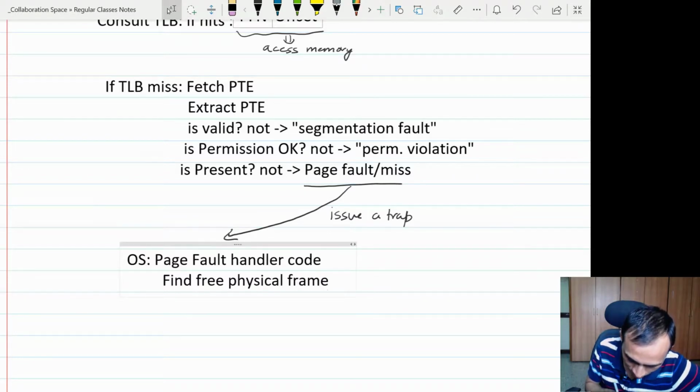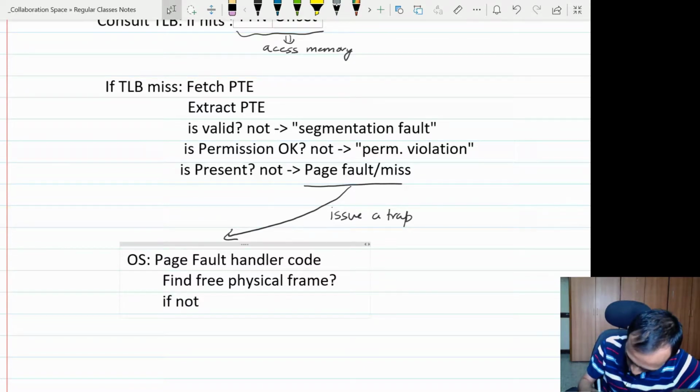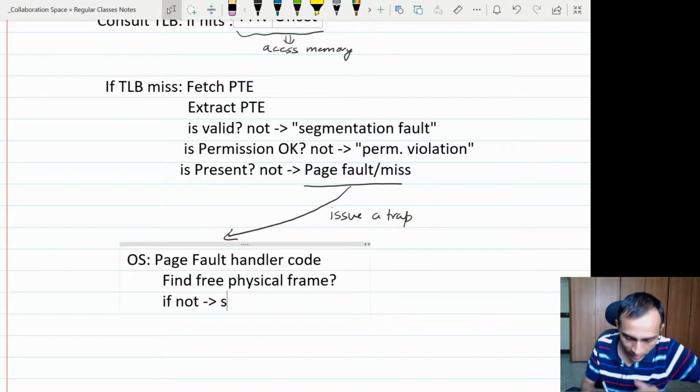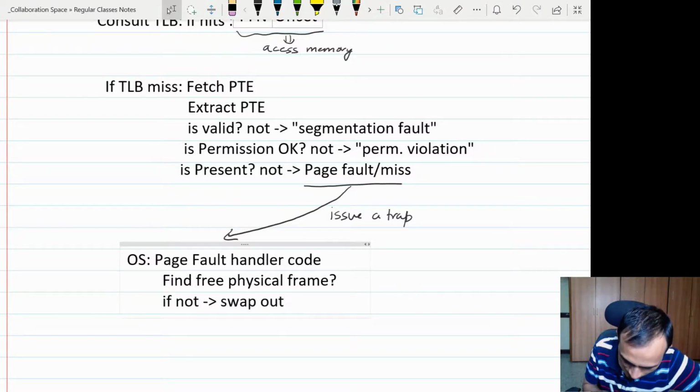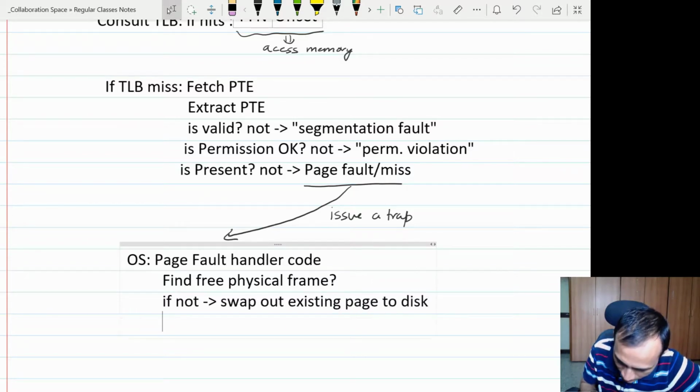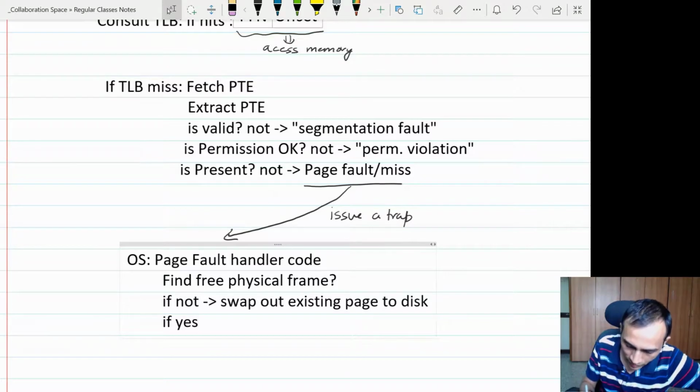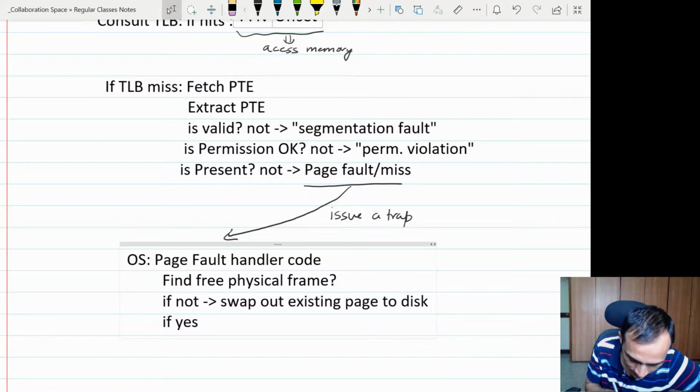If it is not there, then it has to swap out an existing page to disk, and we'll discuss policies by which it selects the page that has to be swapped out.